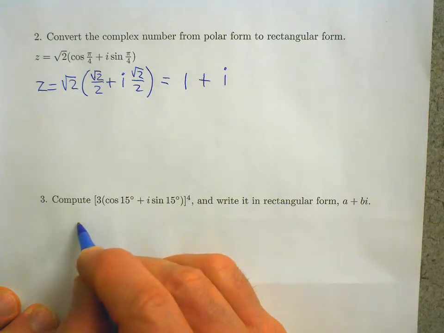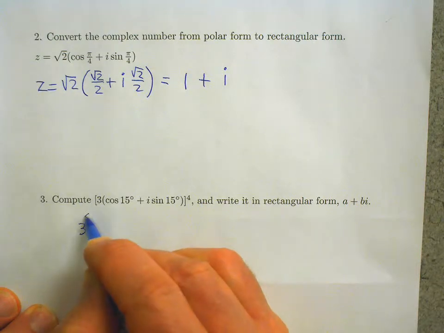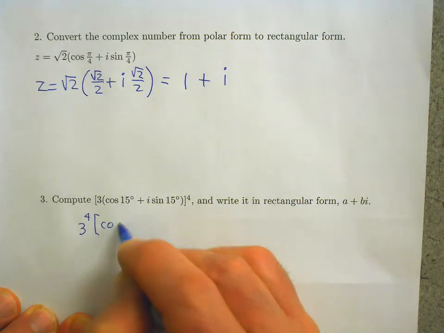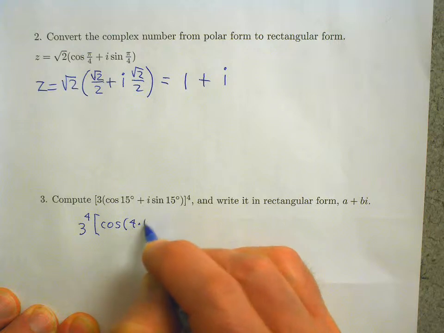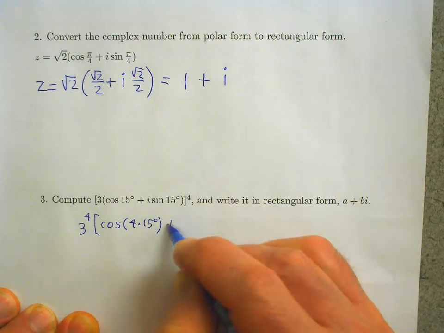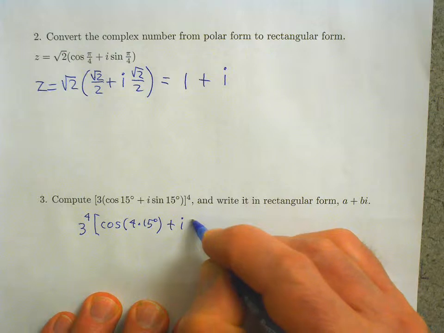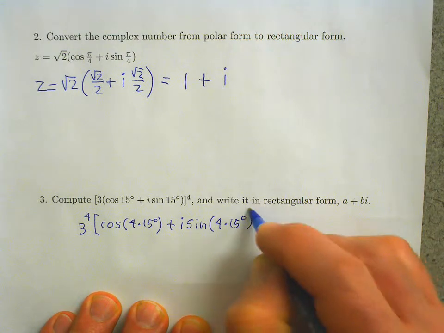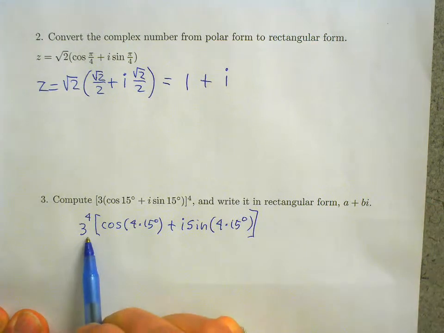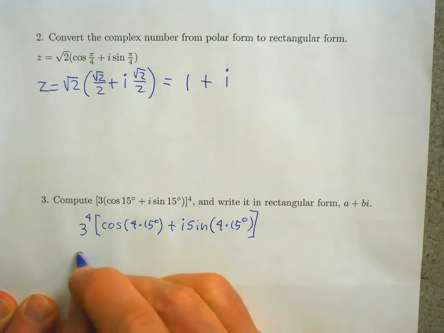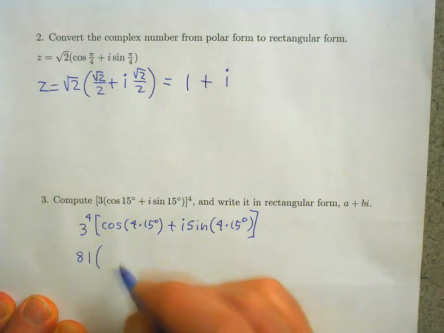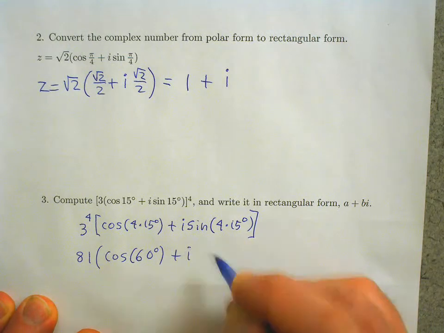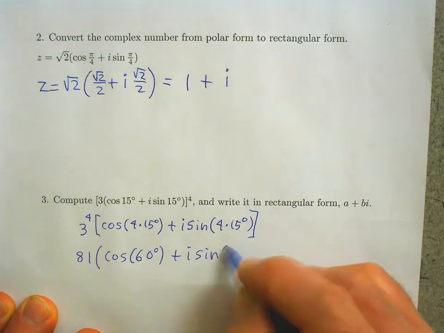So we can write this as 3 to the 4th times the quantity cosine of 4 times 15 degrees plus i times sine of 4 times 15 degrees. 3 to the 4th is 81. So 81 times the quantity cosine of 60 degrees plus i times sine of 60 degrees.